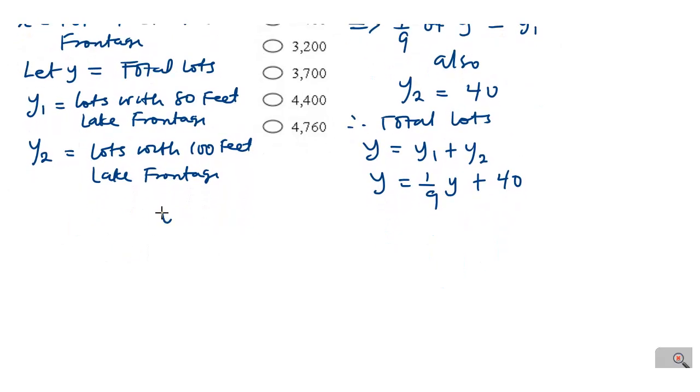Y is equal to 1/9 Y, which is the same thing as Y/9, plus 40/1. So let's find the LCM.